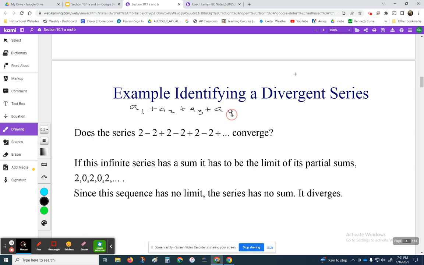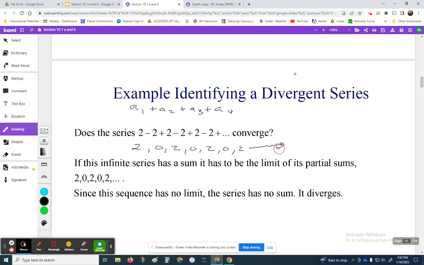So if we do a1, that's going to be 2. And then a1 plus a2 becomes 0. Then a1 plus a2, which is 0, plus a3, which is 2. So this thing keeps repeating itself over and over again.